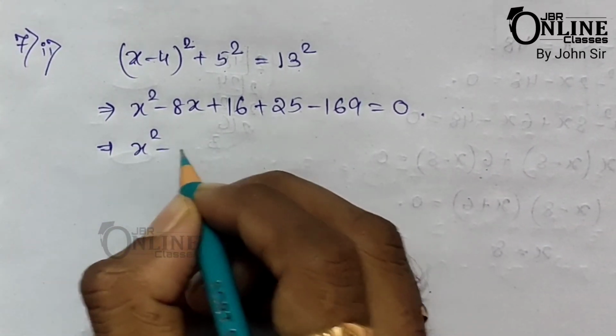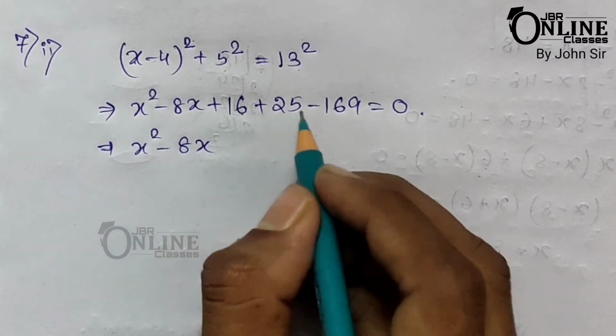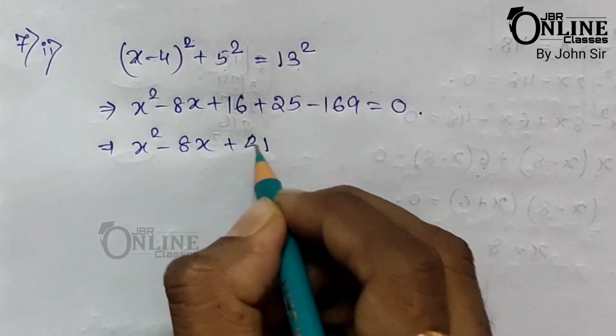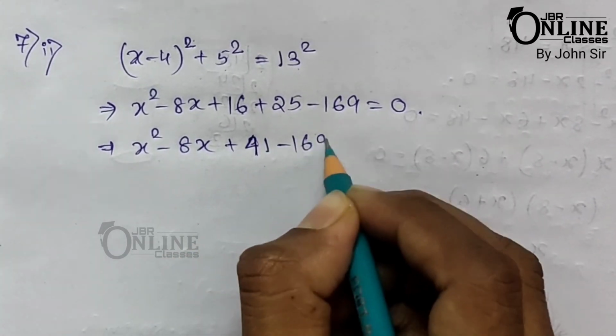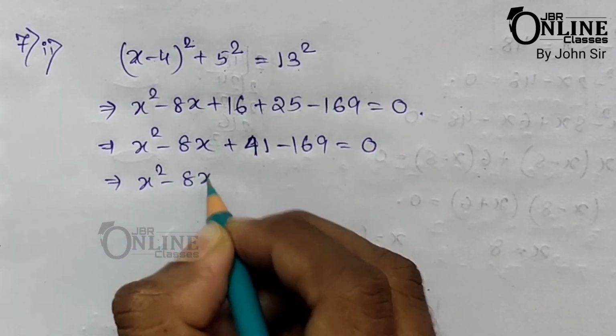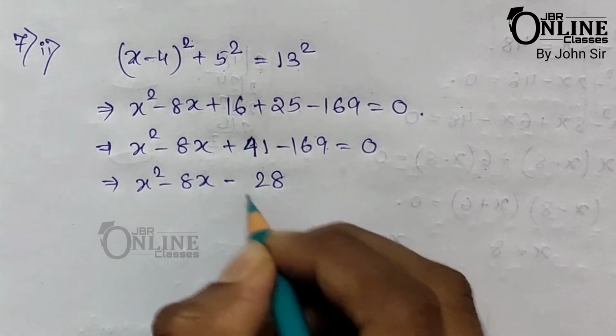So finally x square minus 8x, and here 16 and 25 become 41, so 41 minus 169.